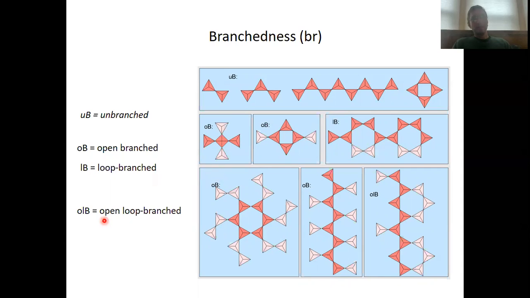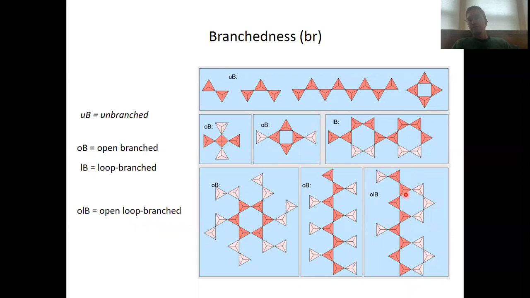Last but not least, we can also have what is called an open loop branchedness, abbreviated OLB. In this case, we have both terminal side chains and side chains that form a loop. You see here an example.